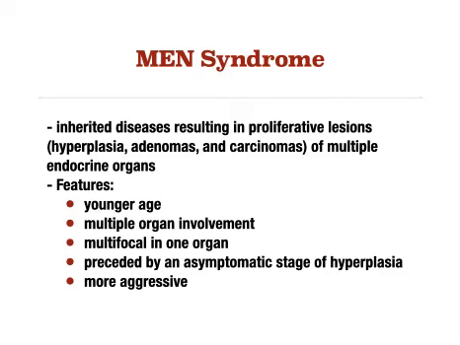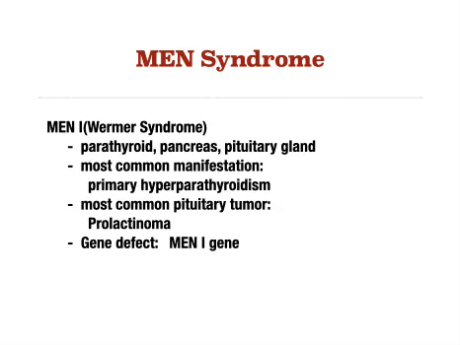Okay, so it initially presents with hyperplasia before the tumors may be formed. And the tumors here are usually more aggressive than your sporadic endocrine tumors, and they recur in a higher proportion than your sporadic tumors do.